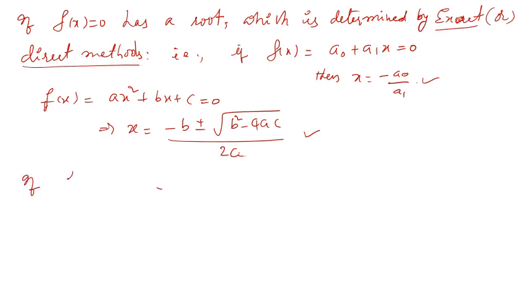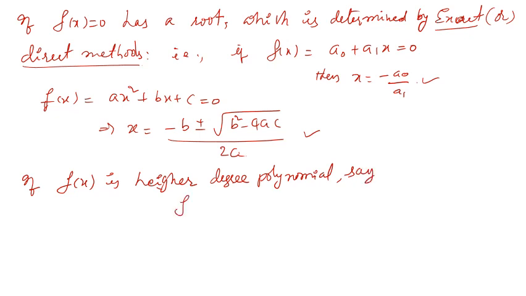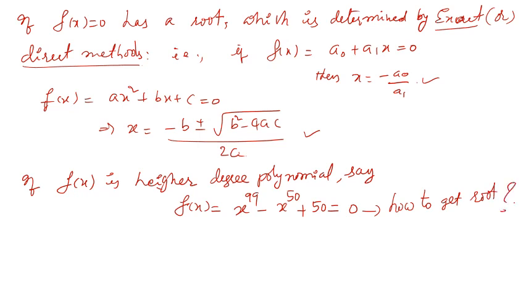If, for example, f of x is a higher degree polynomial, for example, x to the power of 99 minus x to the power of 50 plus 50 equal to 0, how to find the root? That is the question. In general, up to second degree, and for third degree sometimes, it is possible to find all the roots.